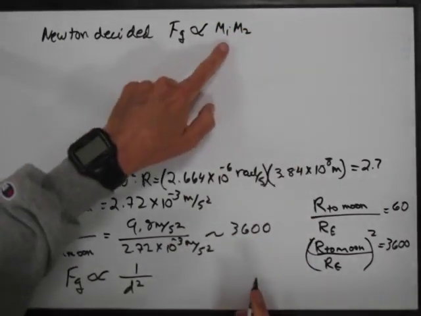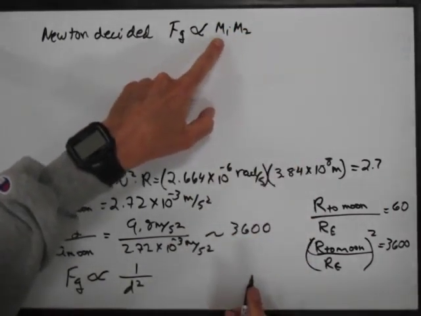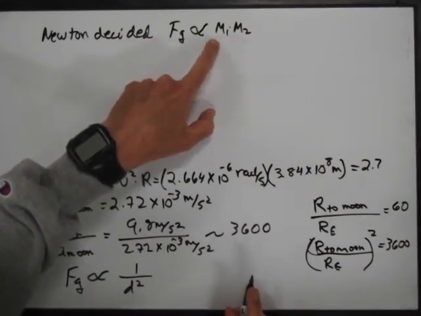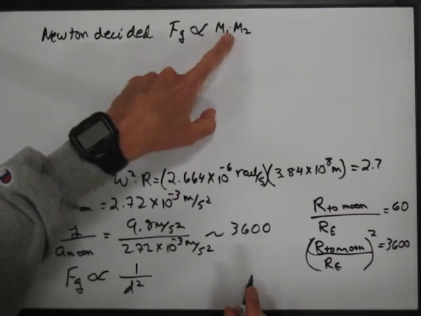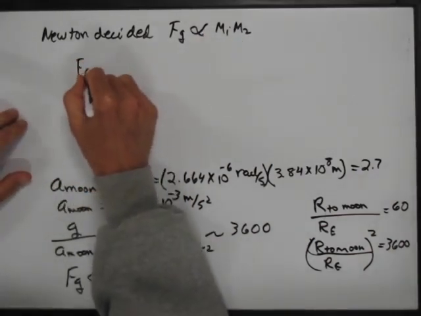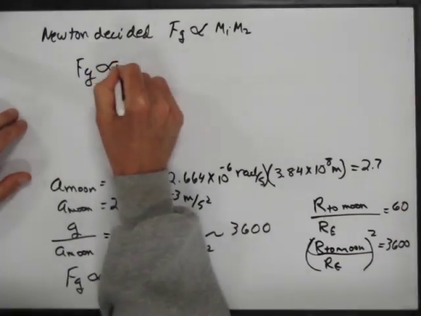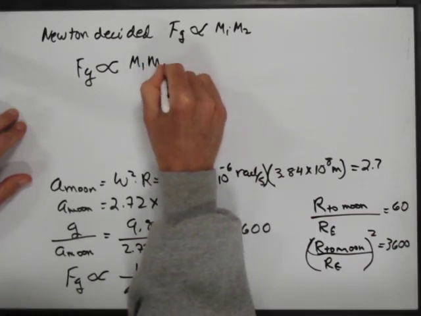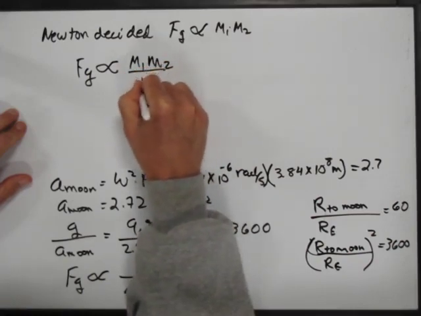Newton also surmised that the force of gravity must depend on the mass. The bigger the object, the greater the gravity, in proportion to their masses. And so what he came up with was that the force of gravity is proportional to the mass of one object times the mass of the other object divided by the square of the distance between them.